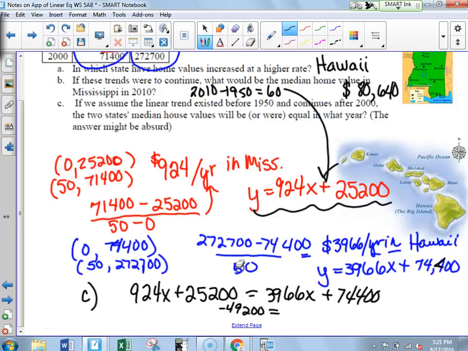Getting a negative number, yes? Somebody else get negative 16.2? Yes.